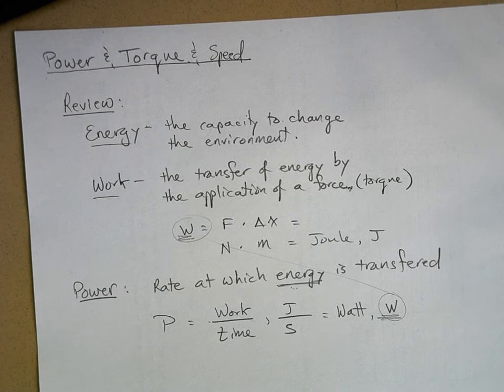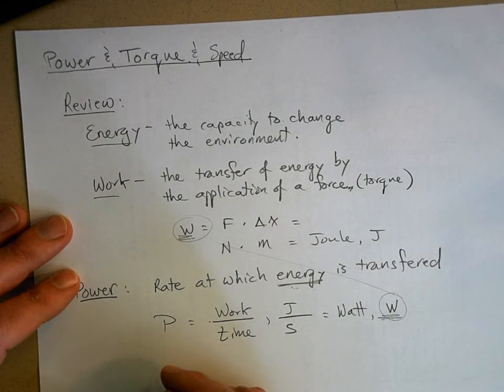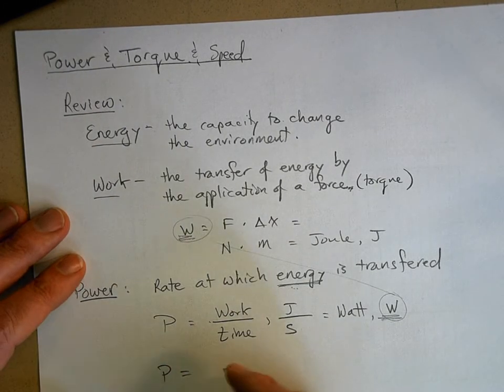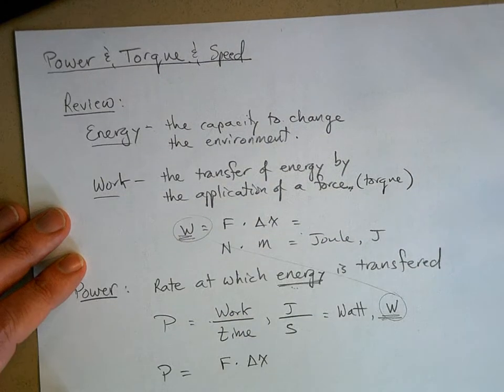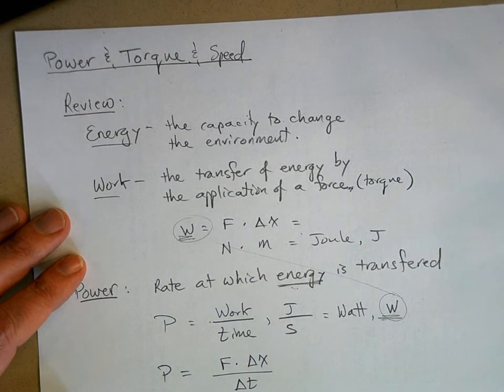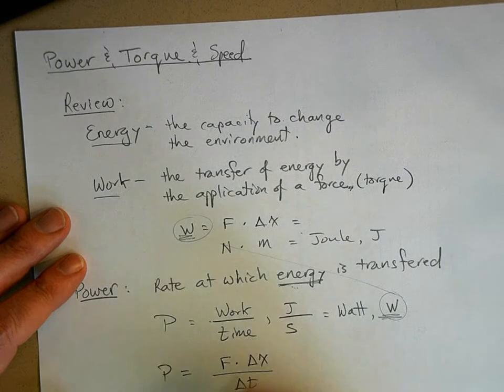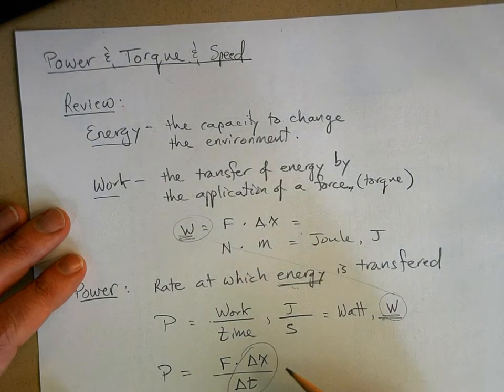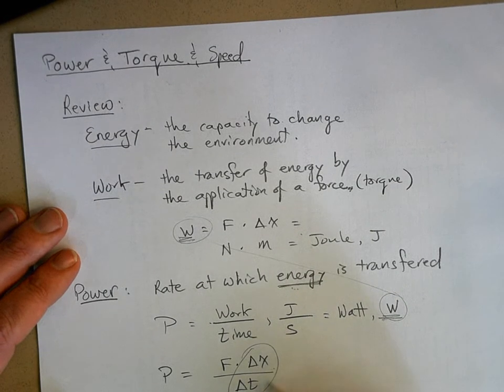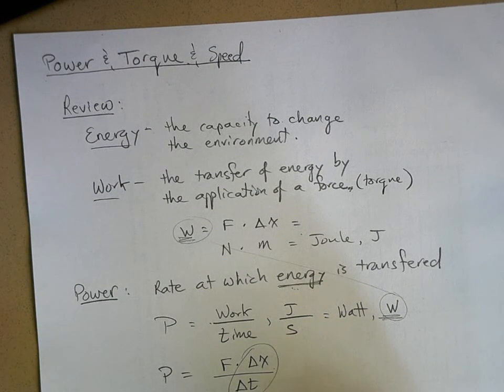Well, here's something that we talked about. If we say work is a force times the displacement, and then we divide that by time, well, what is delta x over delta t? How far I go divided by the time it took me to go that far? Velocity. That's called velocity.